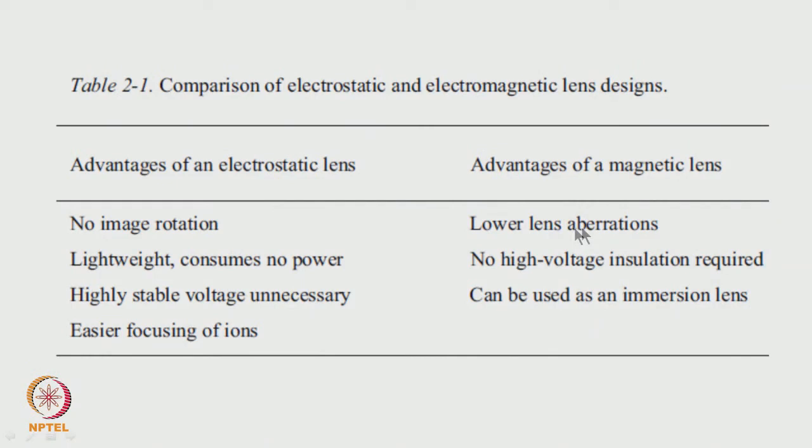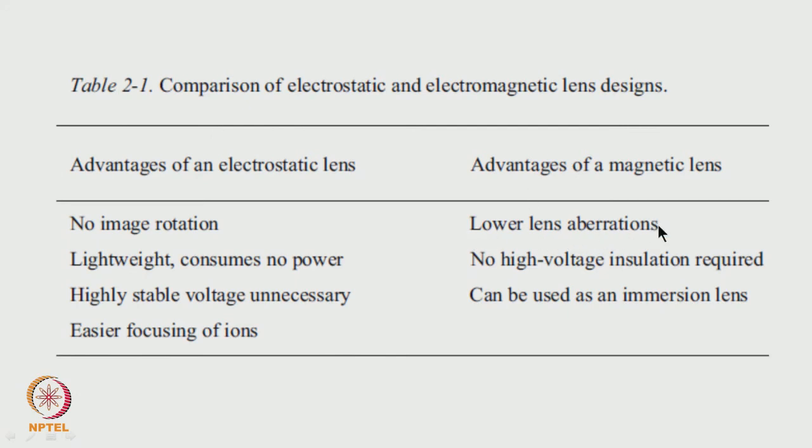The problem is that the physical dimension of the lens turns out to be very large when the beam energy is very high. With magnetic lenses, we can use a smaller dimension.